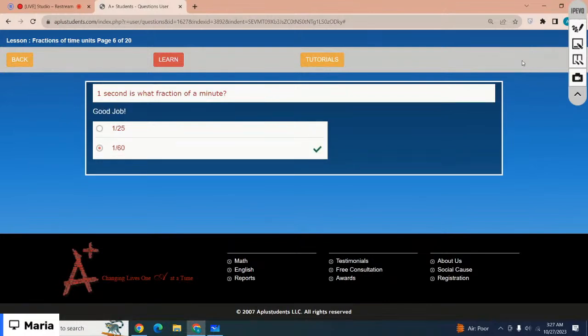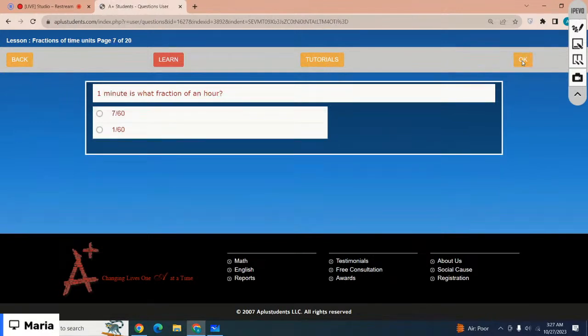Very good. 1 minute is what fraction of an hour? Which is the correct option? Yes, that is 1/60. Very good.